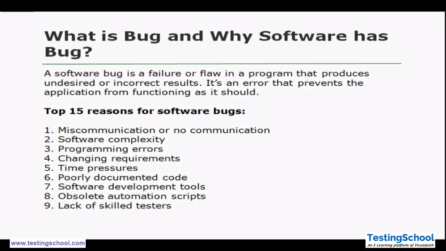A software bug is a failure or flaw in the program that produces undesired output. It is an error that prevents the application from functioning as it should.